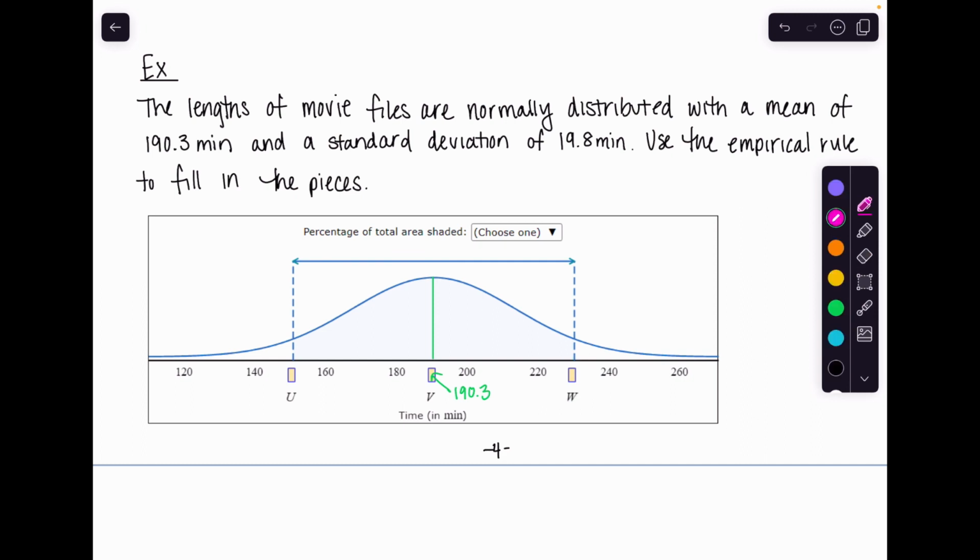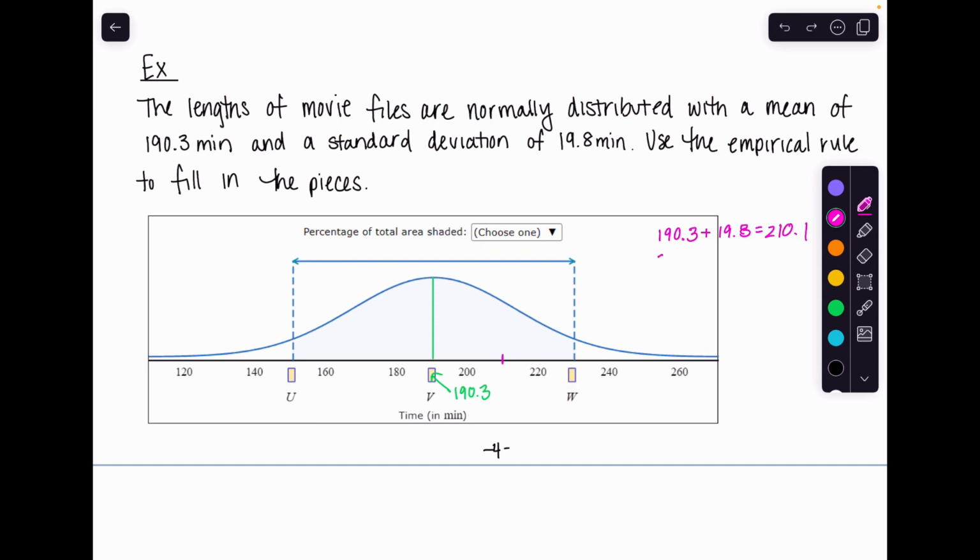So if I take my mean and add the standard deviation of 19.8, that gives me 210.1. But that's actually somewhere here in between 200 and 220. So 1 standard deviation did not get me to this value.